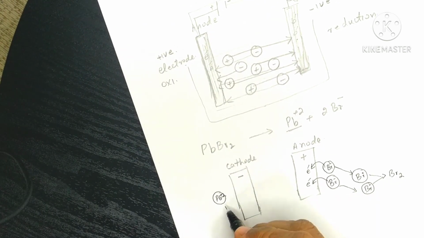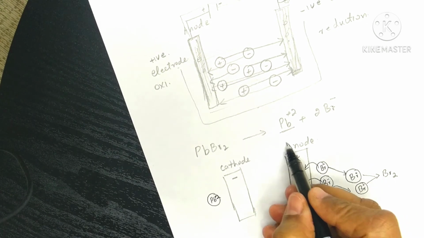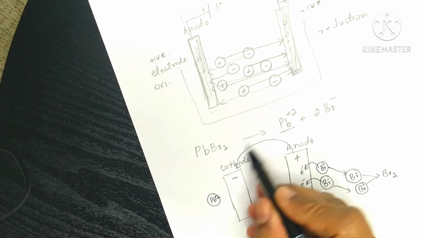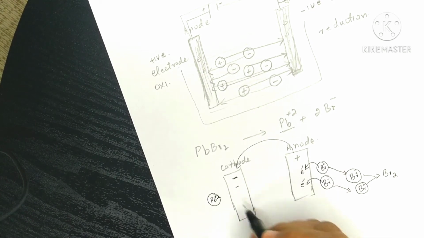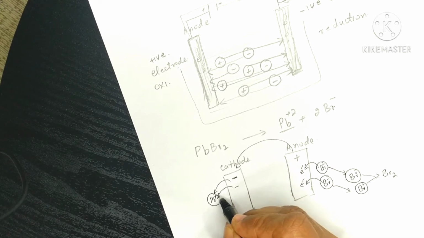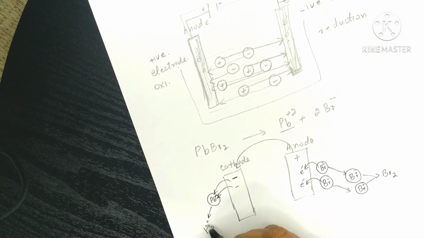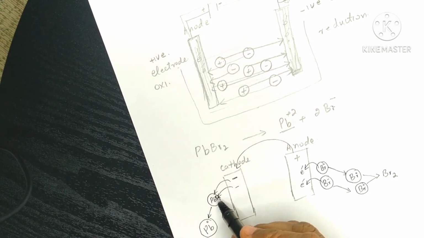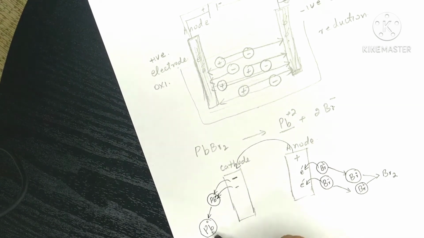And here these two electrons move from anode to cathode, and when they reach here, these electrons are absorbed by the lead. Now lead will absorb these two electrons, and it will convert into neutral lead. So the lead cation absorbs the electrons and converts into neutral matter.